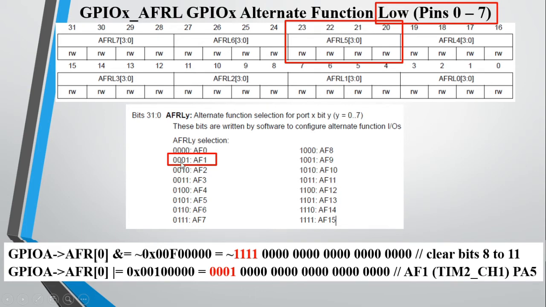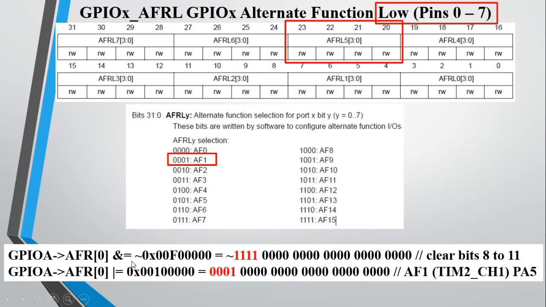Right? So initially we are clearing these 4 bits. When you are writing AND equal to tilde 0x00F00000, you are clearing these 4 bits. In the next step, AFR[0] OR equal to 0x100000, meaning in bits 23 to 20 you are writing 0001. That means you are configuring PA5 with alternate function 1, that is timer 2 channel 1.